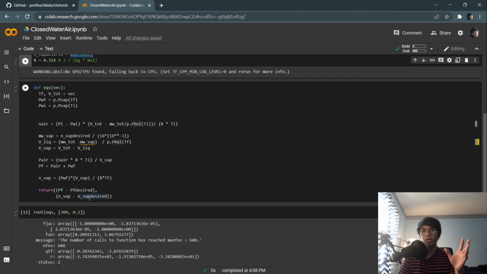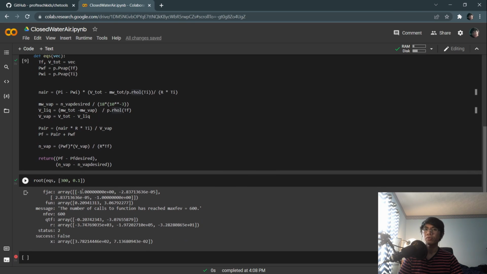It could also be total volume in this case. If we flip those around, we'd have total volume equaling our desired, and we'd subtract it to make it equal 0 again for our root.